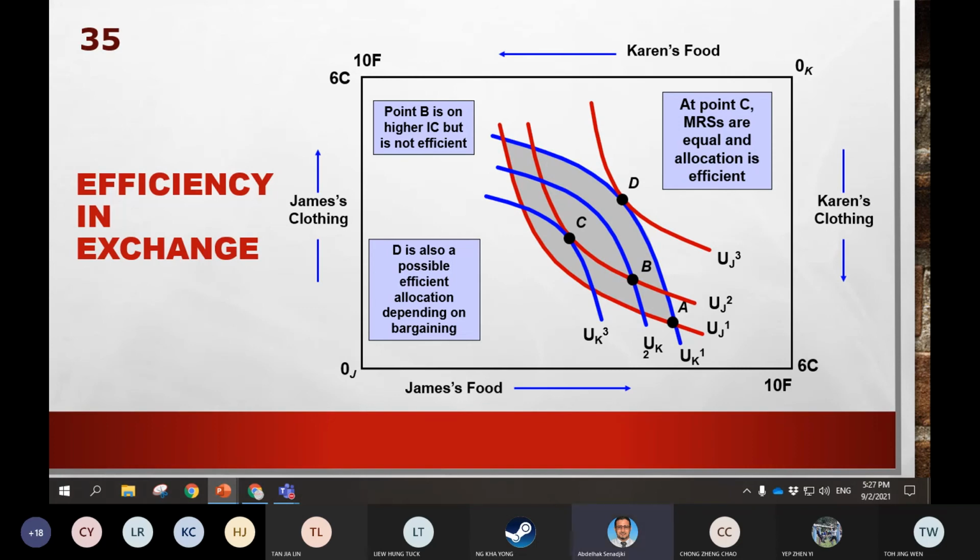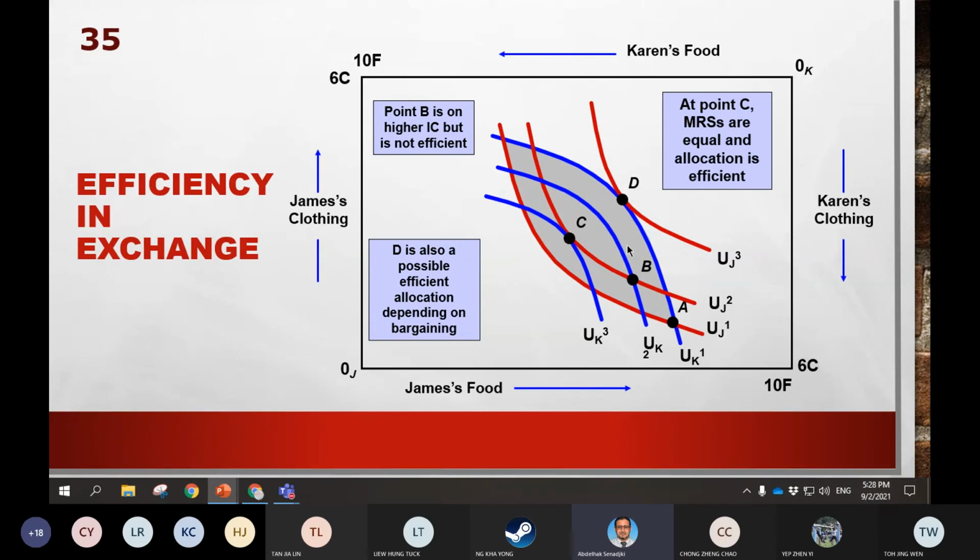So now, this actually illustrates an important point. Even if a trade from an efficient allocation makes both people better off, the new equilibrium is not necessarily efficient if it is not at point C or D. That means the two indifference curves for James and Karen are not tangent.